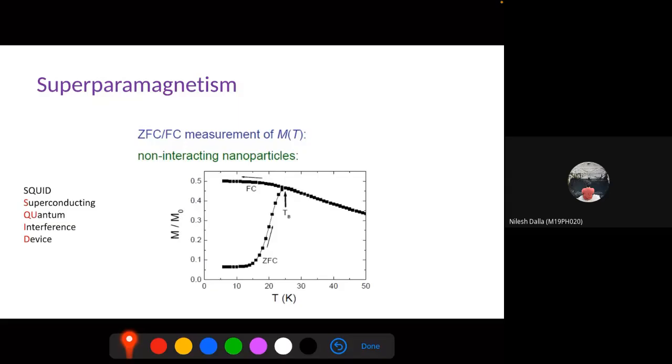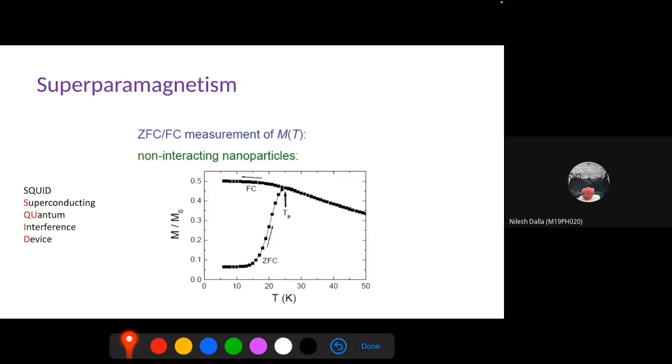It can be frozen in one of the orientations. That is why it is called a blocking temperature: the fluctuation is blocked below this temperature, and fluctuation is possible above it.